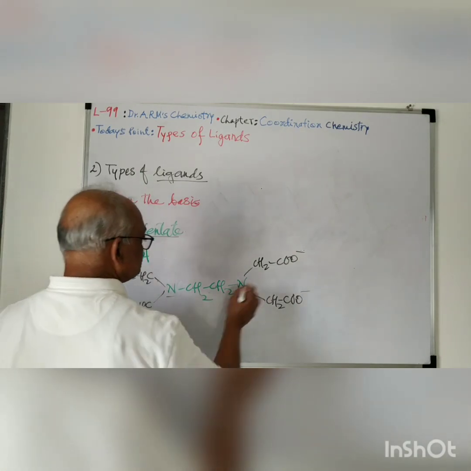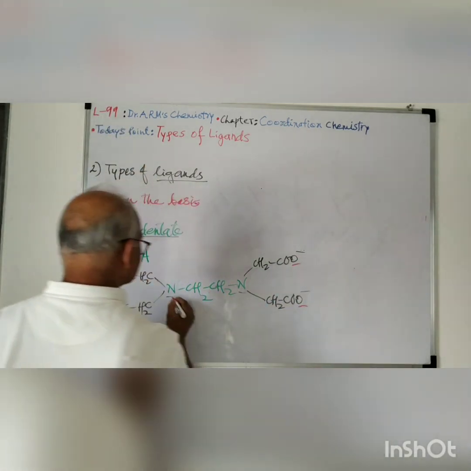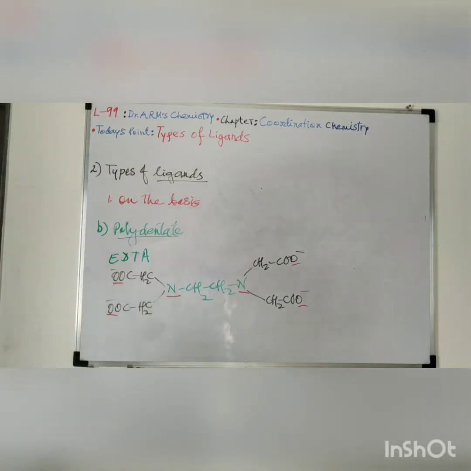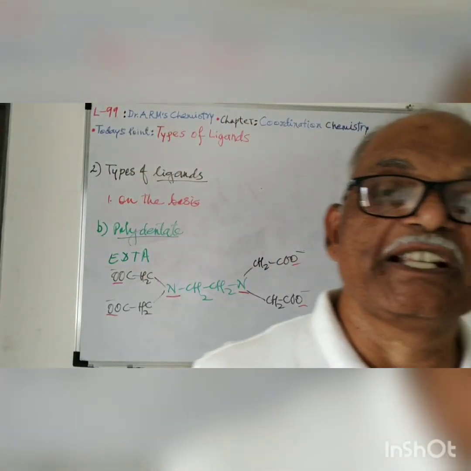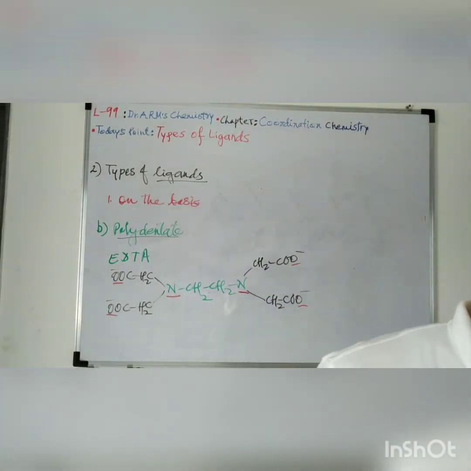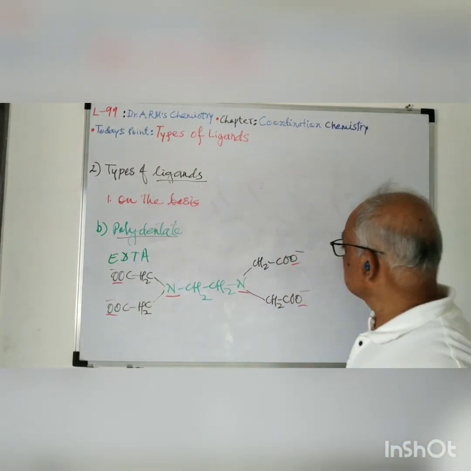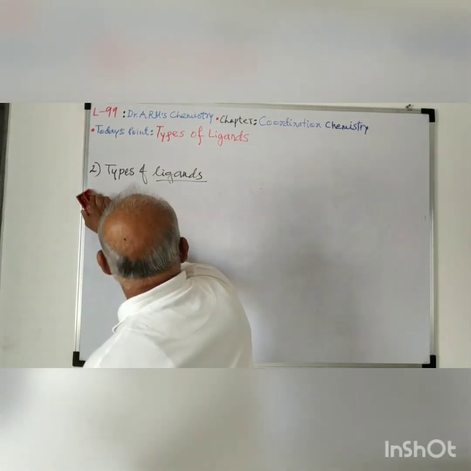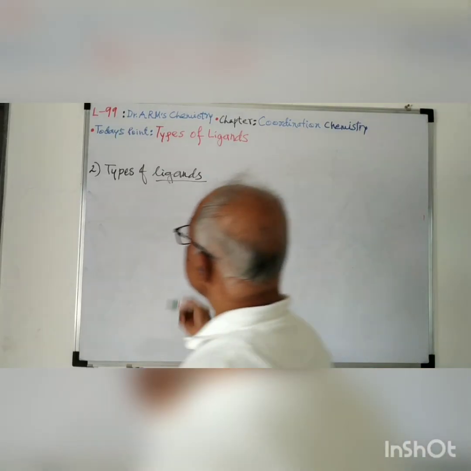So these are the points of attachment. You will find there are 6 such points of attachment, and therefore it is called a hexadentate ligand. So in this way, depending upon the number of points of attachment, the ligands can be classified into monodentate and polydentate types. Then next is ambidentate ligand.